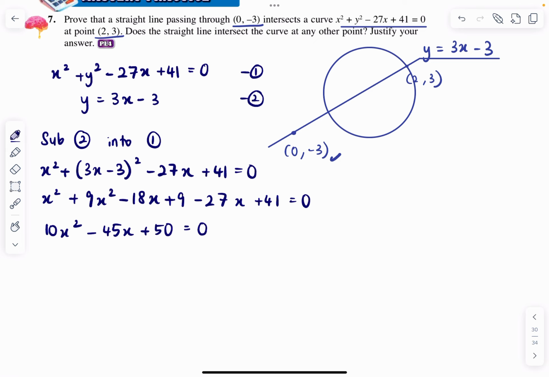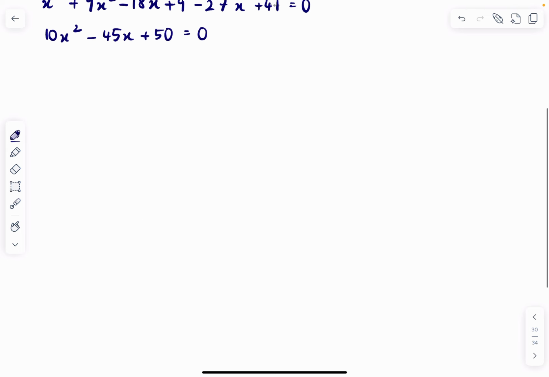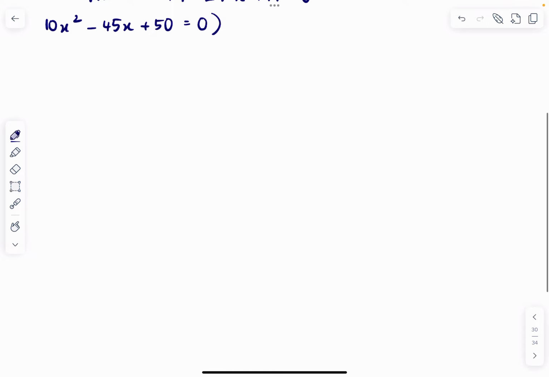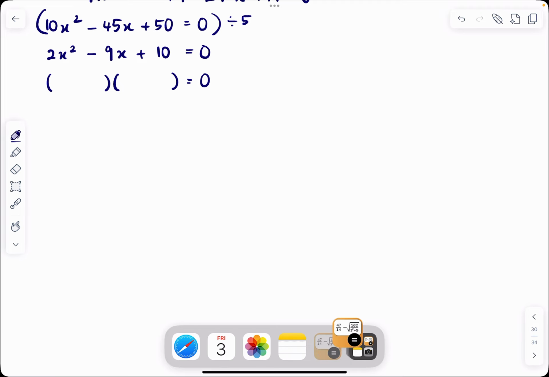equals 0. All right. So now this, we can simplify it. The whole thing we can divide by 5. So we'll get 2x squared minus 9x plus 10 equals 0. Now we can factorize. Okay.